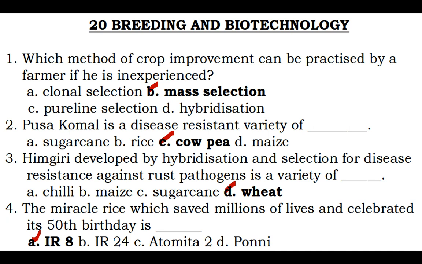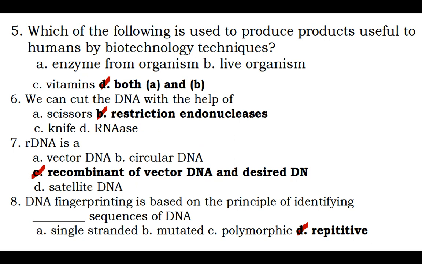Question number 4. The miracle rice, which saved millions of lives and celebrated its 50th birthday, is option A, IR8. Question number 5. Which of the following is used to produce products useful to humans by biotechnology techniques? Option D, both A and B, that is enzyme from organism and live organism.